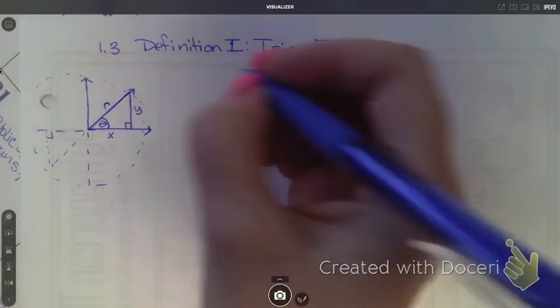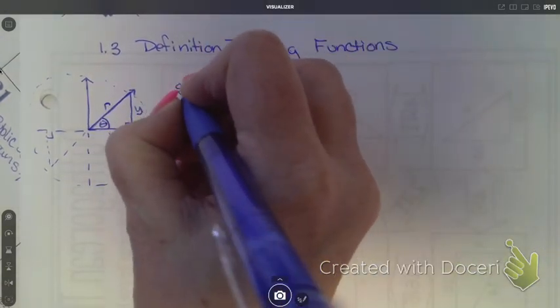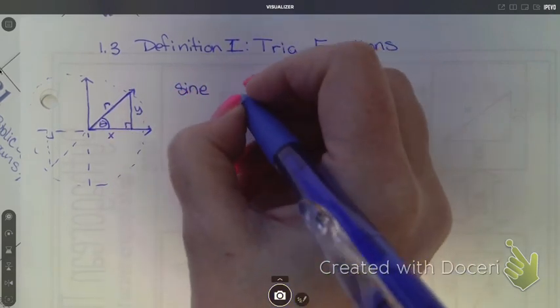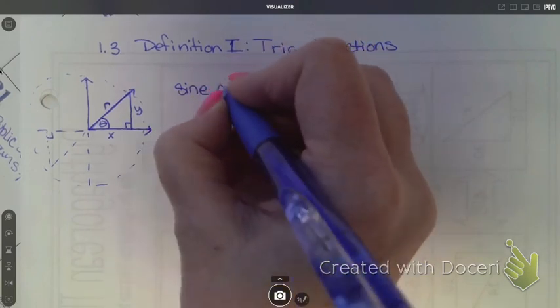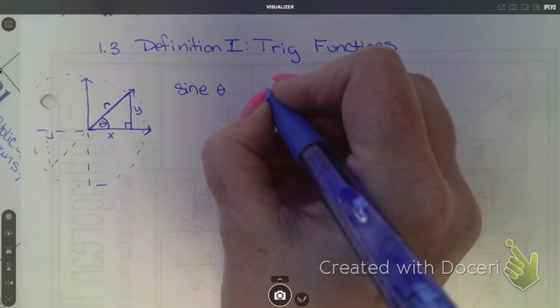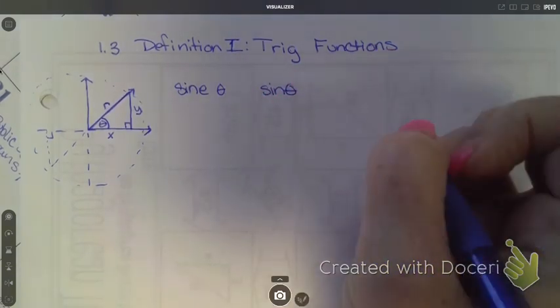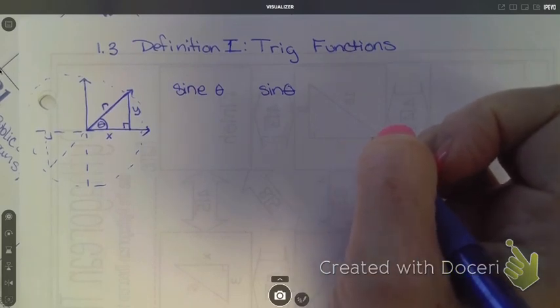So we're going to just make kind of a table. We have sine, S-I-N-E. We abbreviate it. Sine of theta. We're just going to use theta for now. We abbreviate it S-I-N, but we say sine still. We do not say sin. Every time you say sin, I'm going to make a tick mark and I'm going to take points away from your homework.